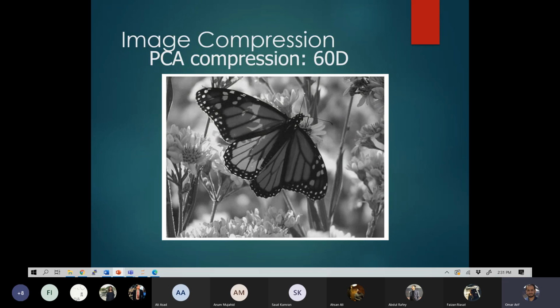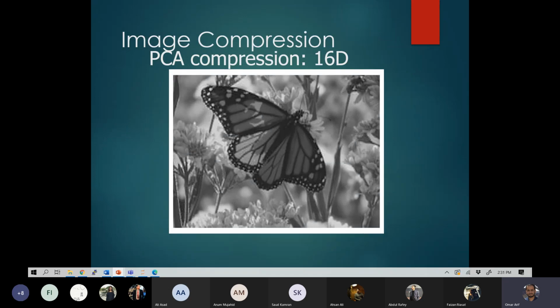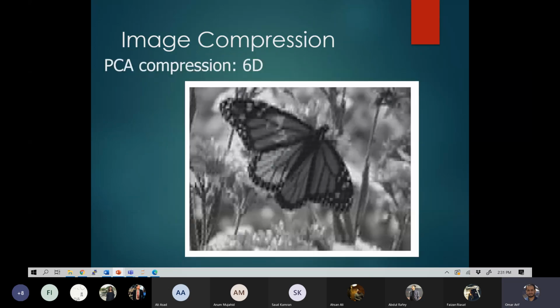So if we do the reconstruction, what we are going to observe is that although the resolution has been compromised a little, even with 60, you can still say that this is a butterfly. Similarly, with keeping only 16 dimensions, the butterfly is visible.